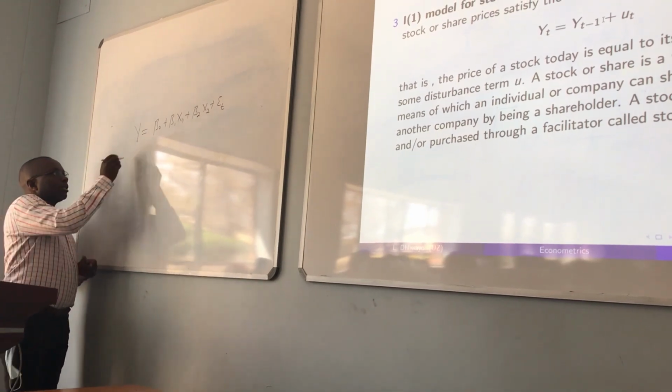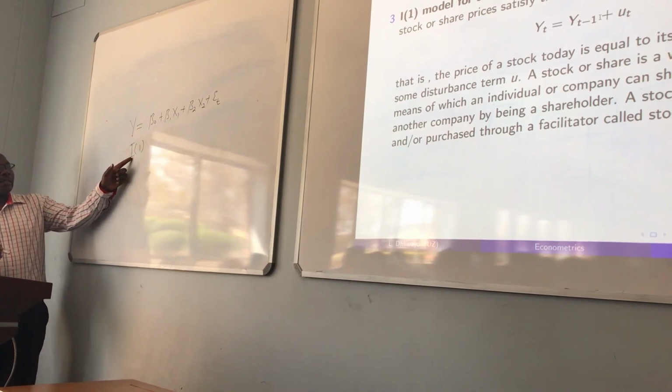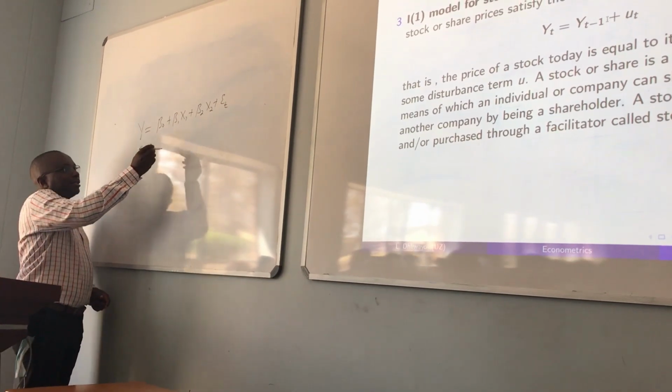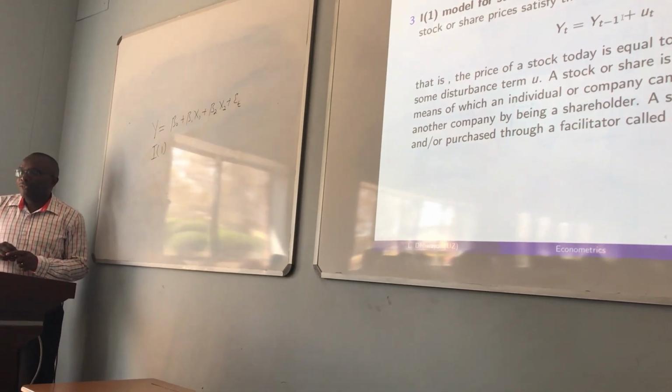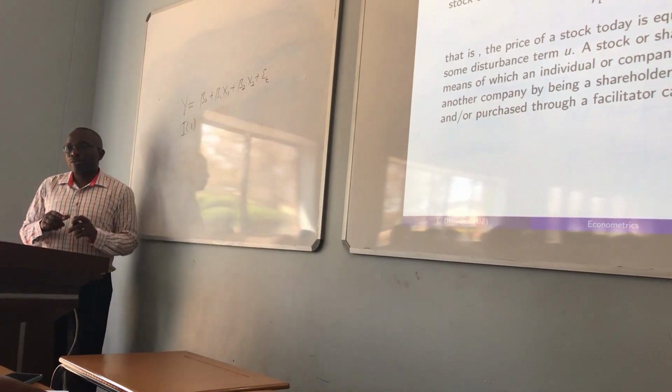We are talking about the I1, integrated of order 1. Here, we normally say I(d), where d is the order of what? Difference. You still remember from time series. So this one's an I1 model.